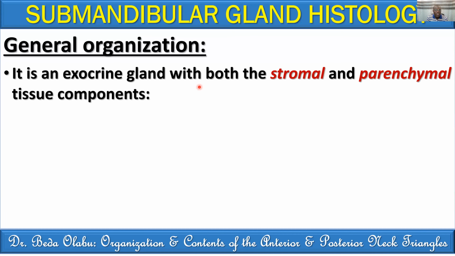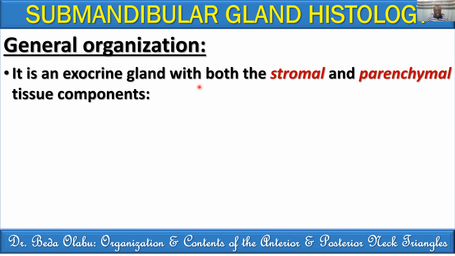And in general, an exocrine gland will have both stromal tissue as well as a parenchymal tissue component. When you talk of the stromal tissue component, we are referring to the connective tissue elements. And when you talk about the parenchymal tissue, we are referring to the functional component that produces the secretions.